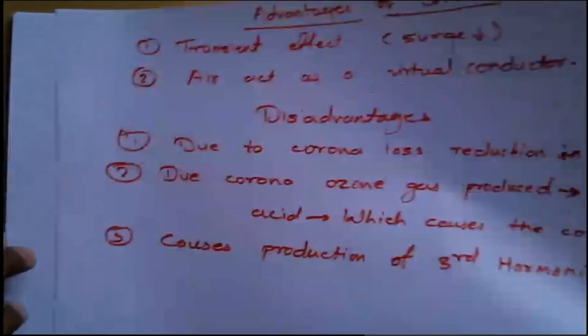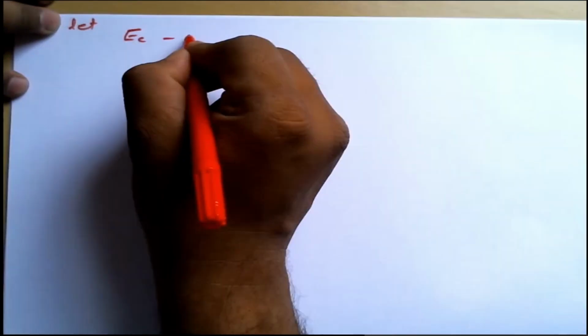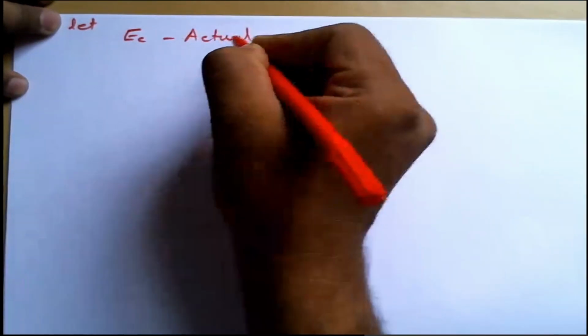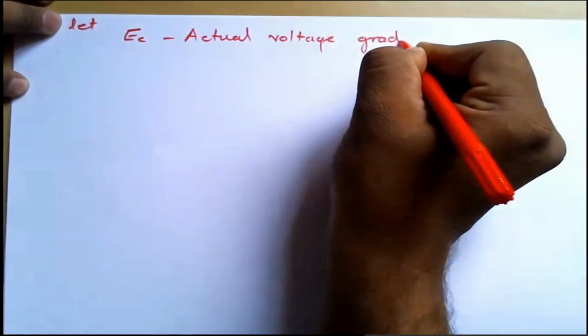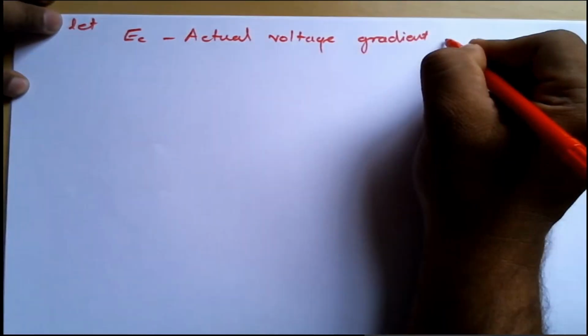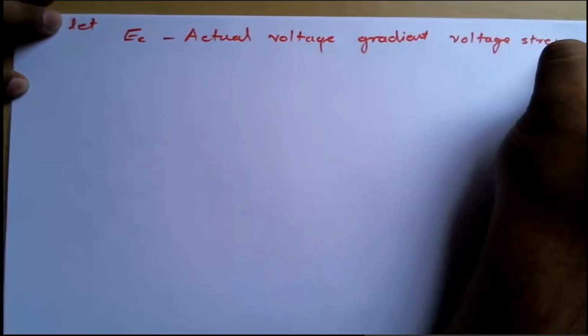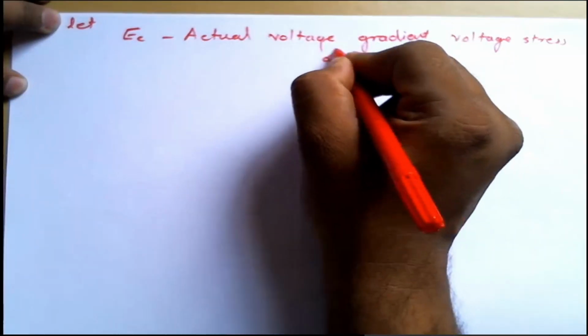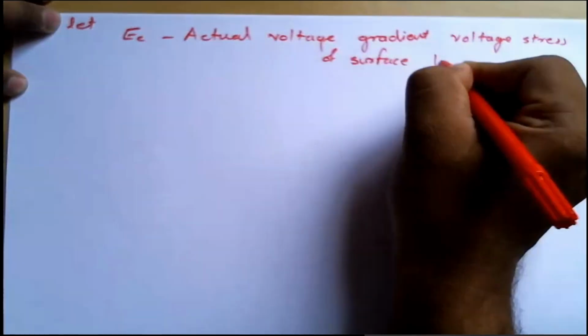Now, let us suppose we consider EC. This EC is nothing but the actual voltage, or actual voltage gradient, or voltage stress, and it is measured in kilovolt per meter.